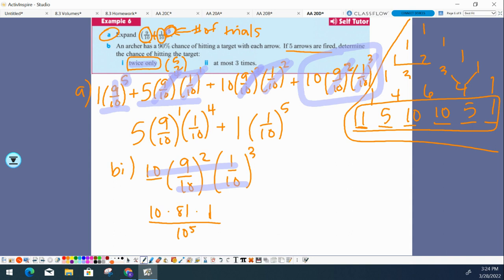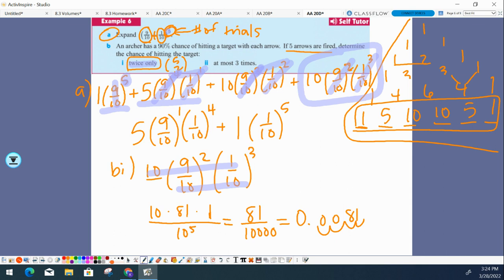So you can just plug all this into your calculator, but then I end up really with 81 over 10 to the fourth, which is just 81 over 10,000. So we can go 81, 1, 2, 3, 4. So that would be our percent. If you plugged it into your calculator, hopefully you got the same thing.